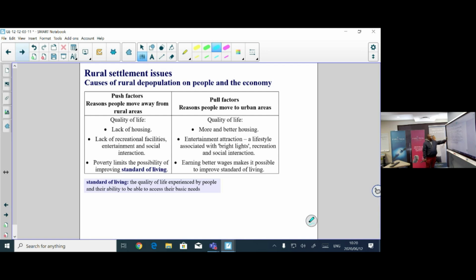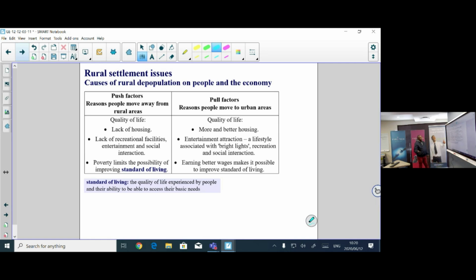Rural settlement, let's look at more push factors with issues relating to quality of life. These issues are lack of housing in the rural areas, lack of recreational facilities, entertainment and social interaction. Poverty limits the possibility of improving standard of living.